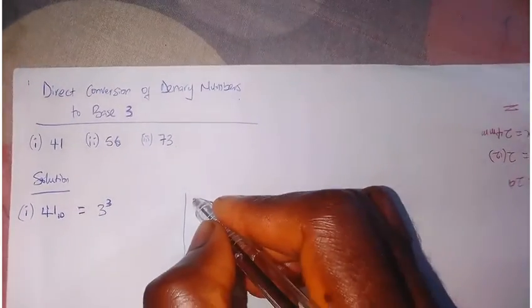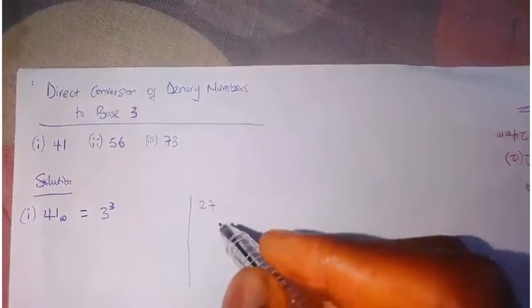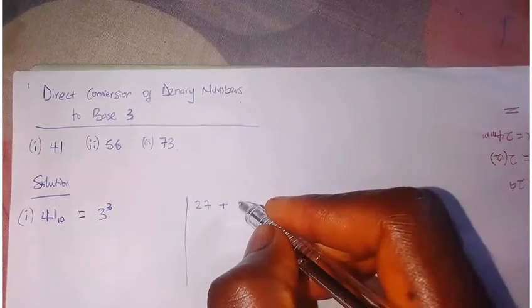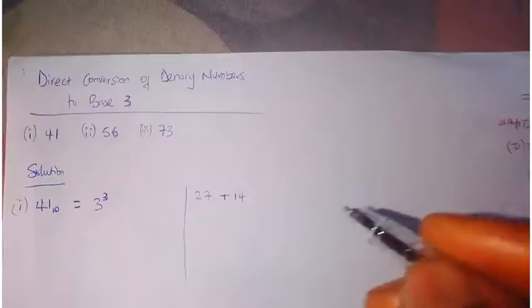So 3 raised to power 3 is 27. It means I'm going to have plus 14 to give me 41.